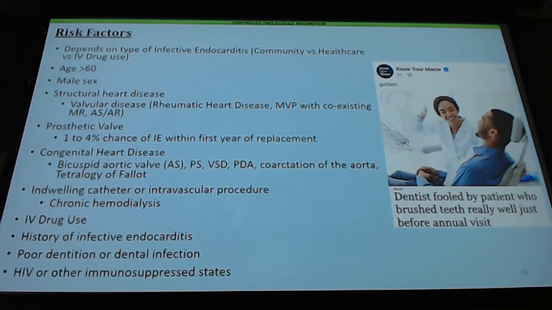So what else are risk factors for this? We already talked about the first two. We talked about structural heart diseases. So they have some other valvular condition that has caused damage to those valves, which then sets them up for an inflammatory response and to get infected. They have an indwelling catheter.